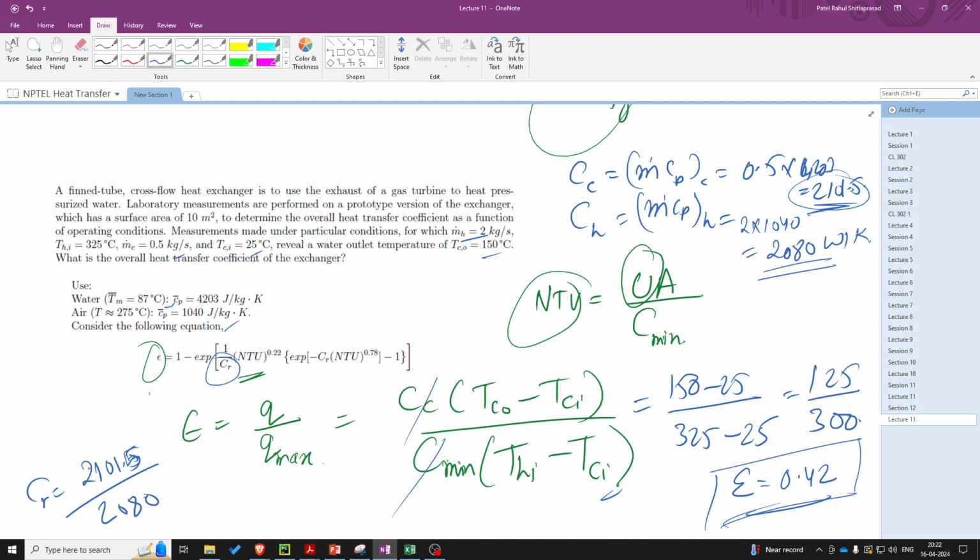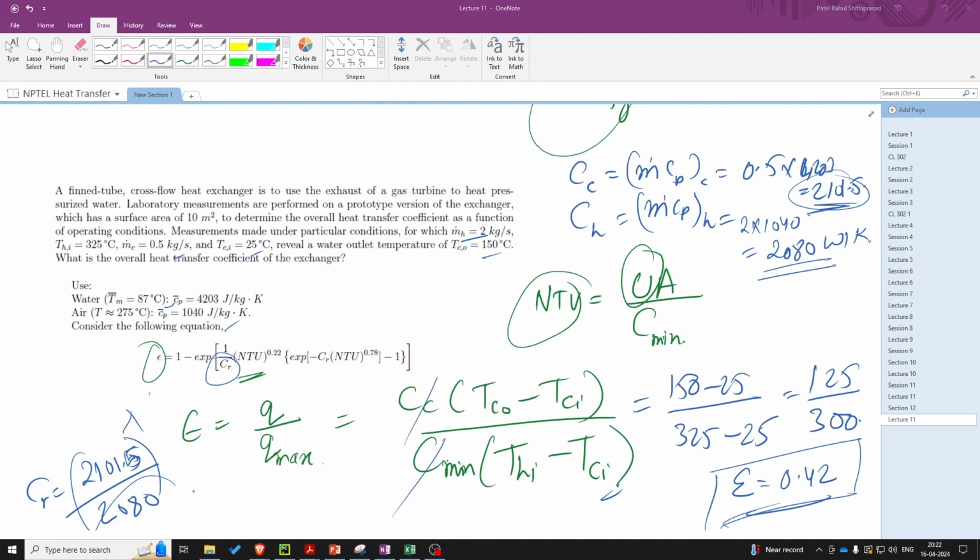No, it should basically be the inverse of this, because C minimum is 2080.